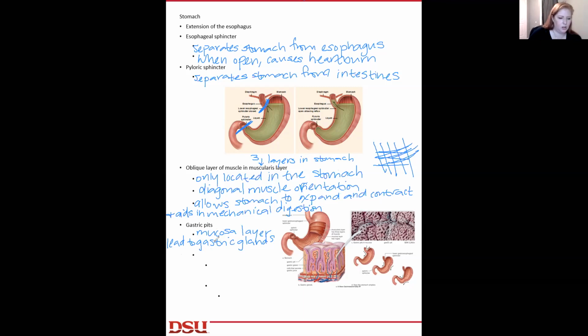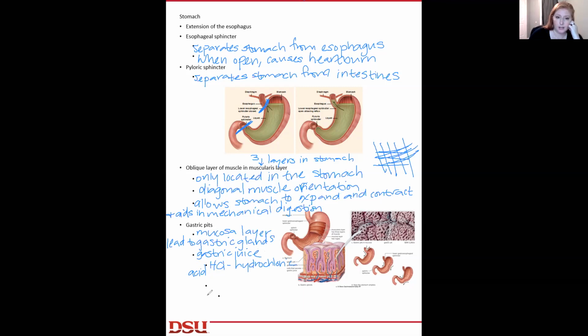We have something that's called gastric juice, which has hydrochloric acid in it. This hydrochloric acid kills most of the bacteria that our stomach would come in contact with inadvertently.